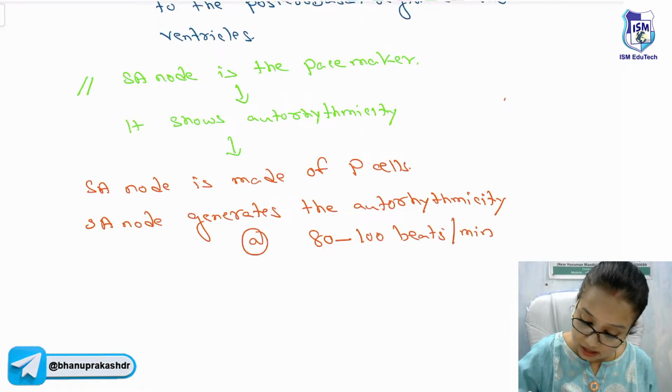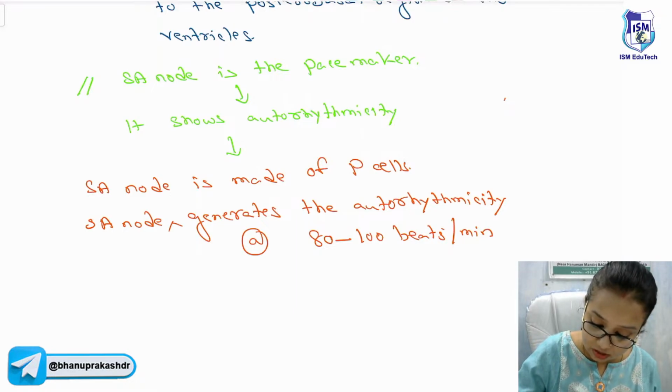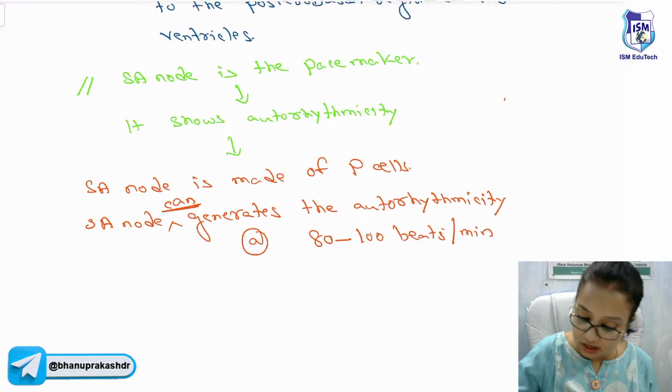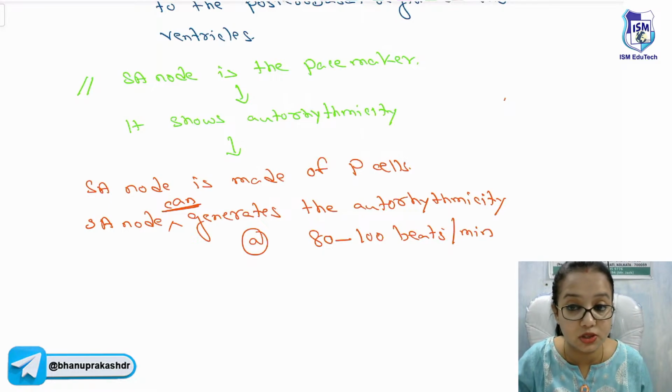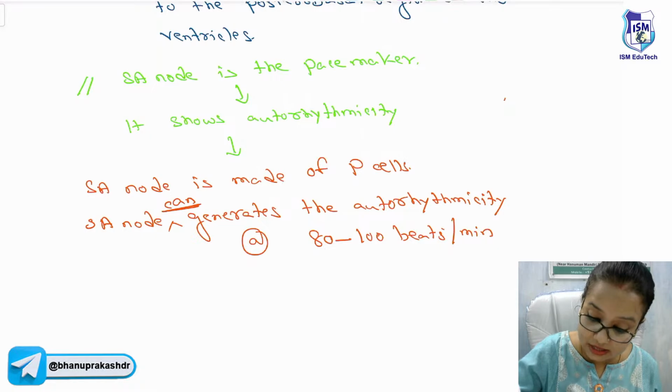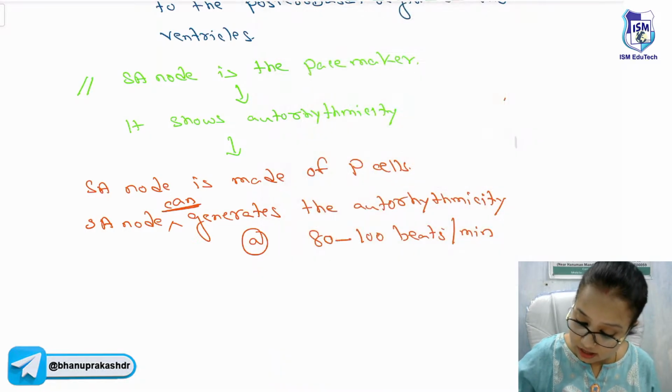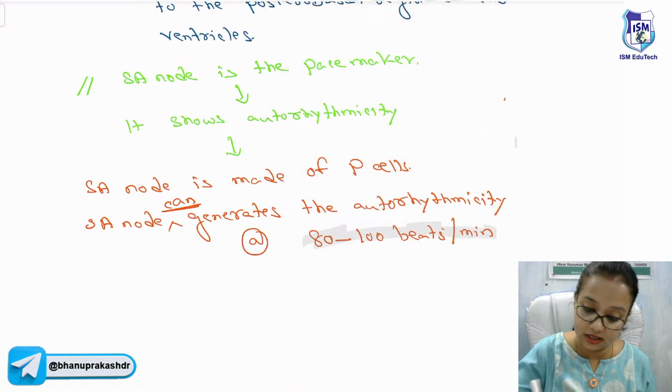It is its capacity. The SA node can generate the autorhythmicity at 80 to 100 beats per minute. This is its capacity. This is how much it can generate.